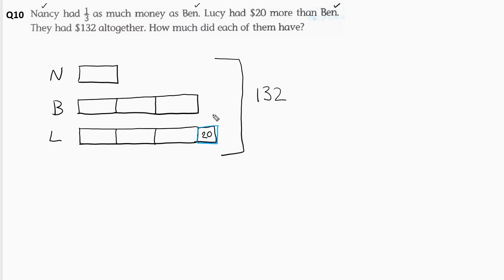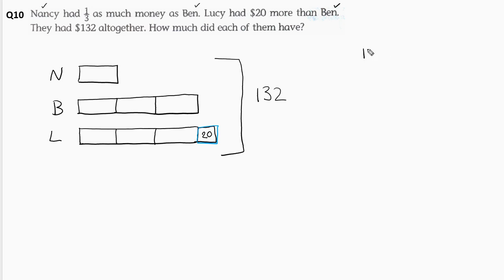It's a shame that we've got this extra bit here, isn't it? Because if we didn't have this extra bit and we knew the value of all of this, then we would be able to work out the value of each part. This extra bit's annoying, isn't it? So let's imagine if we took it away. If we take away this 20, we have to take it away from here as well.